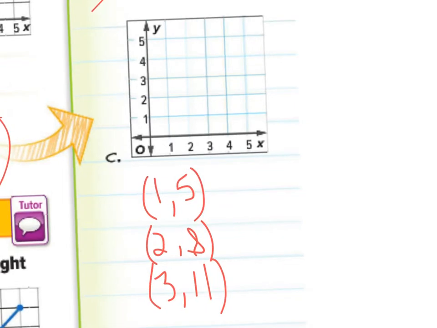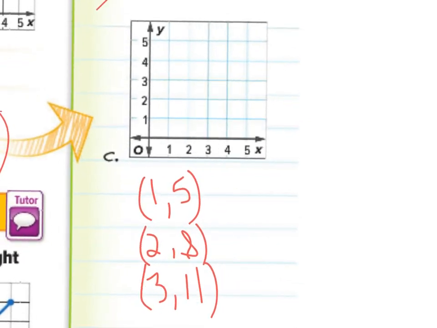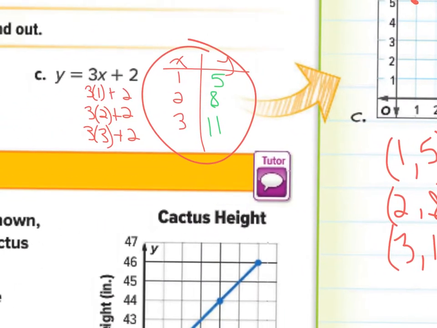Let me straighten that out a little bit. I've got 1 and 5. I go to 1 and 5 all the way up there. Okay, 2 and 8 and so on. I cannot graph these. Will I have a 0, 0? No, I do not go through 0, 0 because when x is 0, y is still 2.